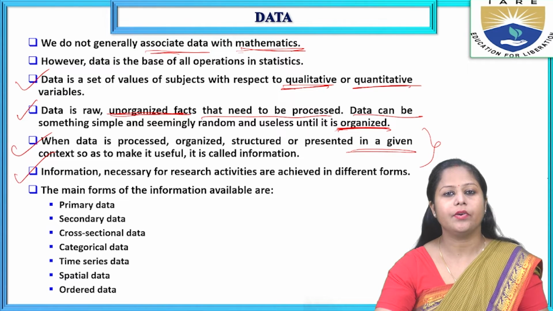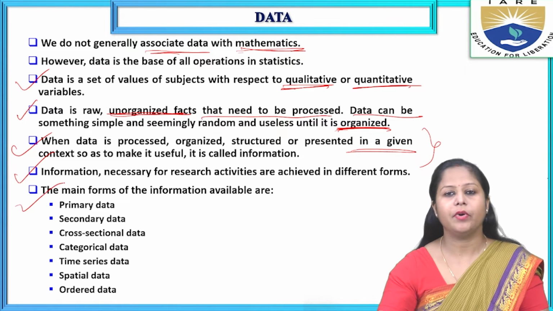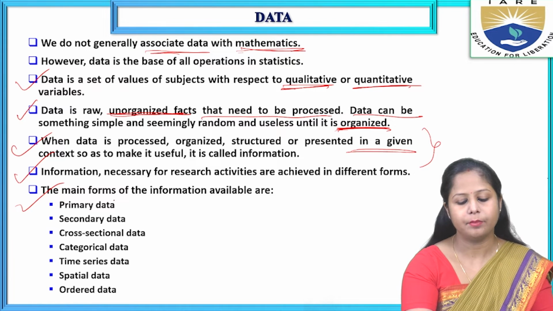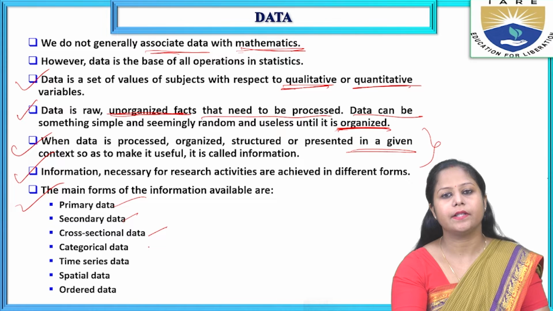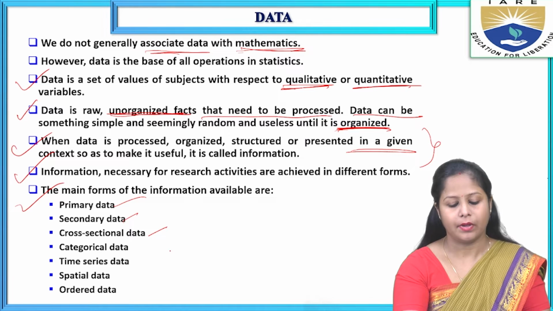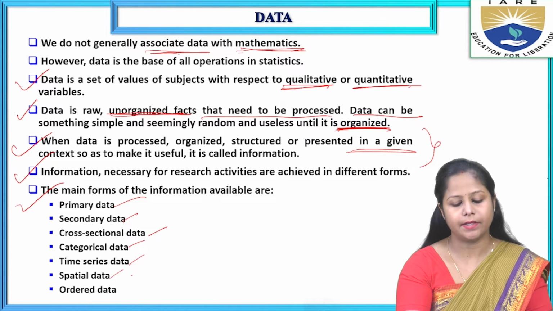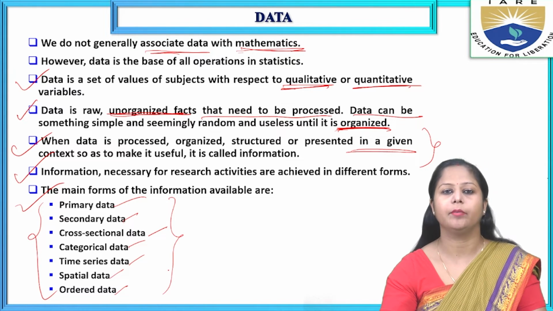Information necessary for research activity is achieved in different forms. The main forms of the information available with us are primary data, secondary data, cross-sectional data, categorical data, time series data, spatial data, and ordered data. These are some forms of the information that is available.